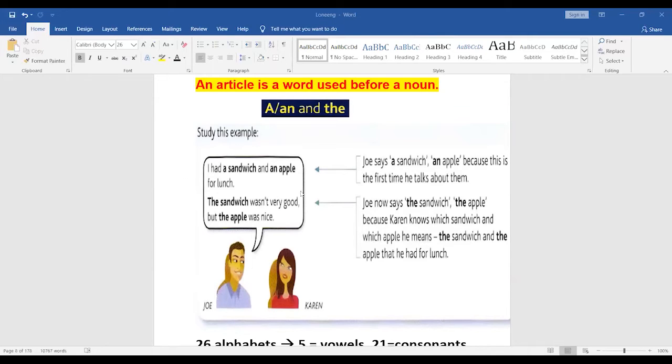Now in the second sentence, a becomes the and an apple becomes the apple. So a sandwich becomes the sandwich. Joe now says the sandwich, the apple, because Karen now knows which specific sandwich or apple he had for lunch.